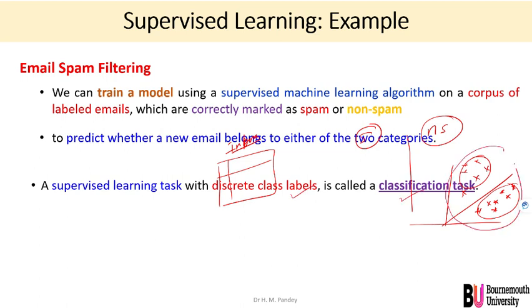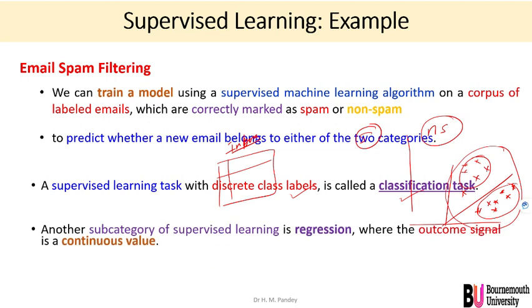So basically you are creating a classification. And since you are creating just two classes, it will be called binary class classification.